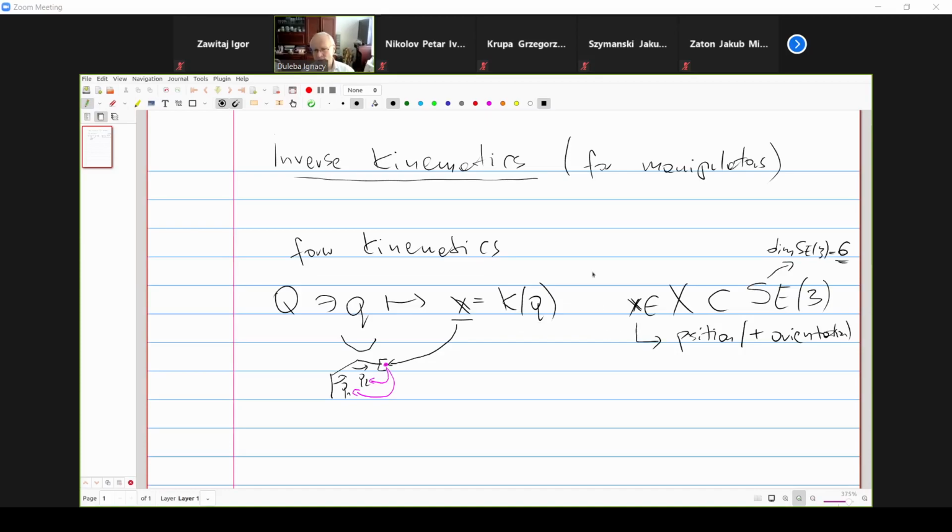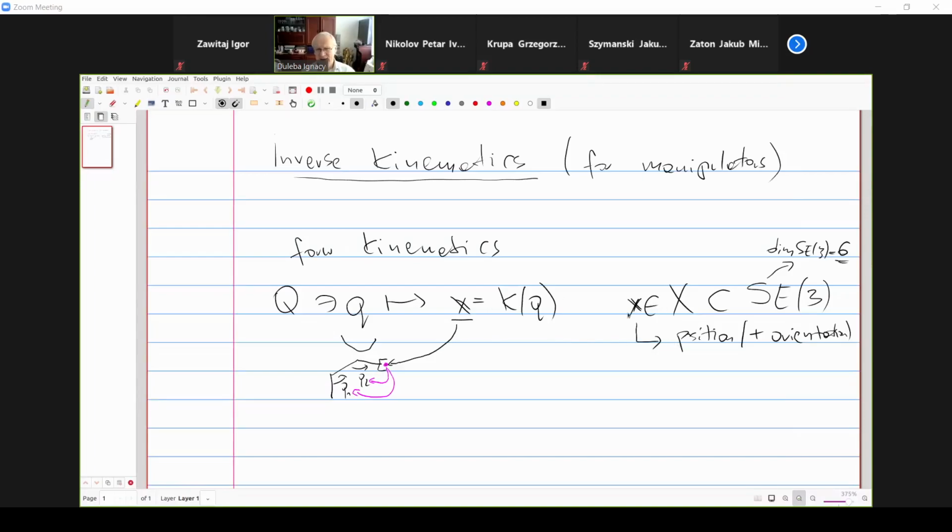But this method also cannot be applied to any manipulator, because it works only when the last three axes of motion cross at a single point.